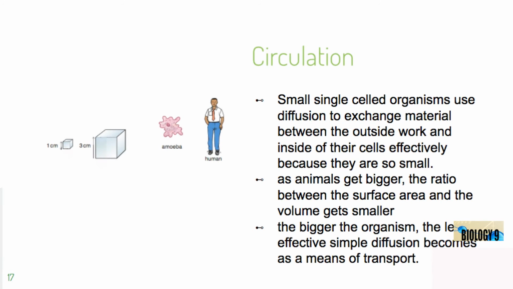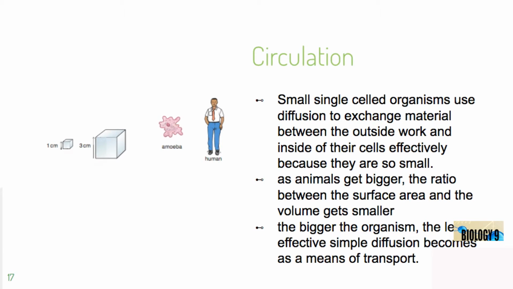And that's why animals like us need complicated transport systems like the one we are learning about in this unit, the circulatory system.